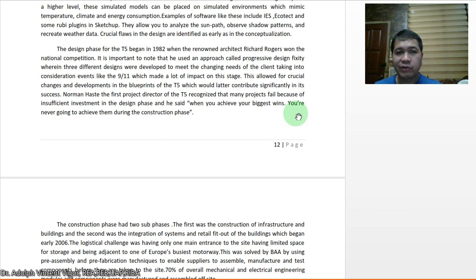This allowed for crucial changes and developments in the blueprints of the T5, which would later contribute significantly to its success. Norman Hayes, the first project director of the T5, recognized that many projects fail because of insufficient investment in the design phase. And he said, when you achieve your biggest wins, you're never going to achieve them during the construction phase.